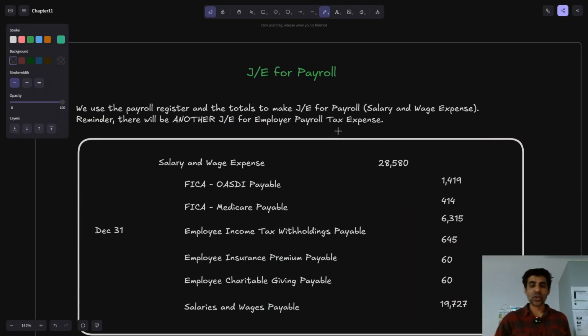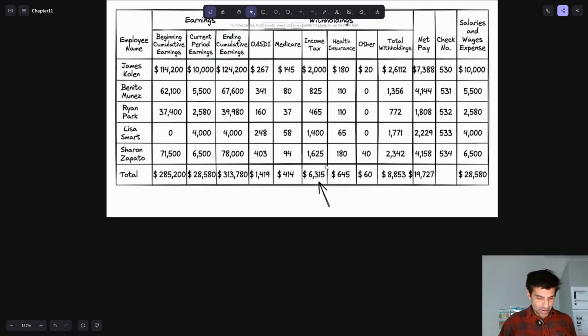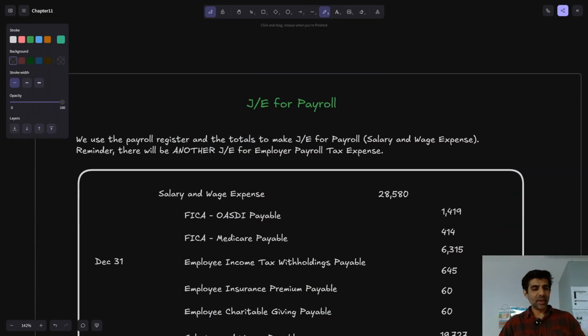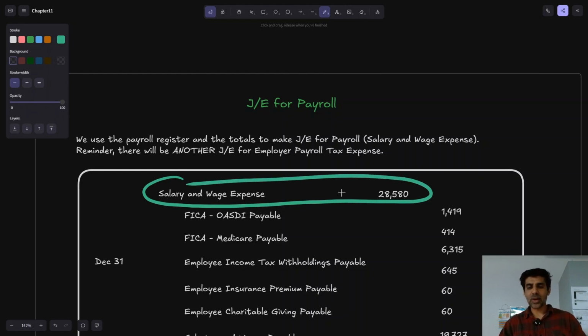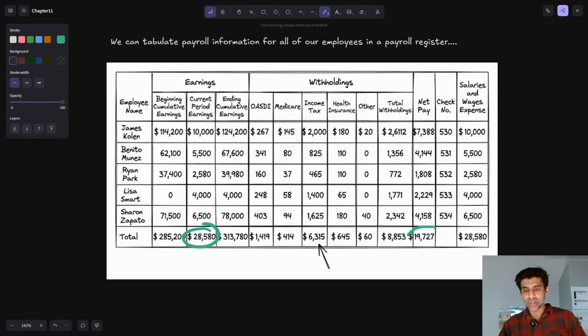Now you will have a journal entry. Based on this information, you can see here total gross pay is $28,580. You can see that the salary and wage expense is $28,580. You can see that the take-home pay total is $19,727.